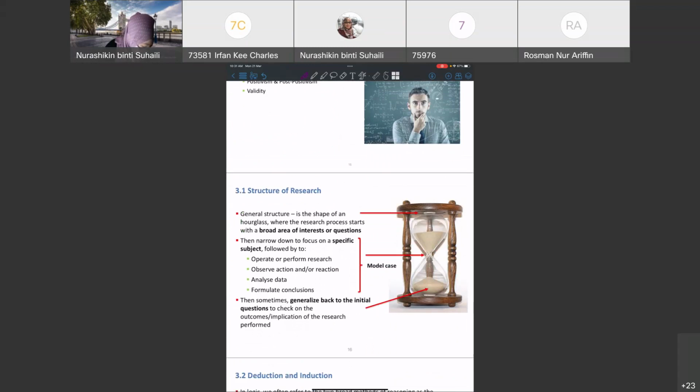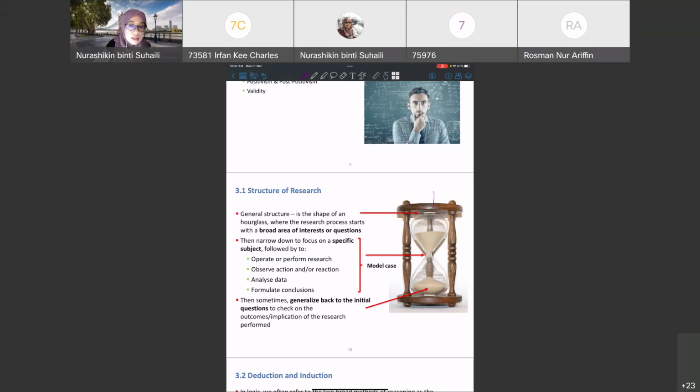Structure of research. So if you think about this hourglass, sand glass, the structure of the research resembles this hourglass. Kenapa? Is because whenever you identify certain problems, you want to identify certain problems that has not been answered yet in the literature, okay?